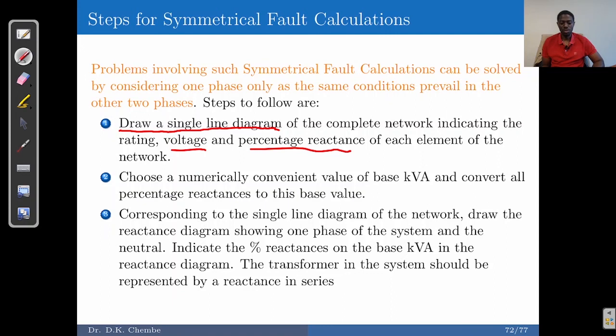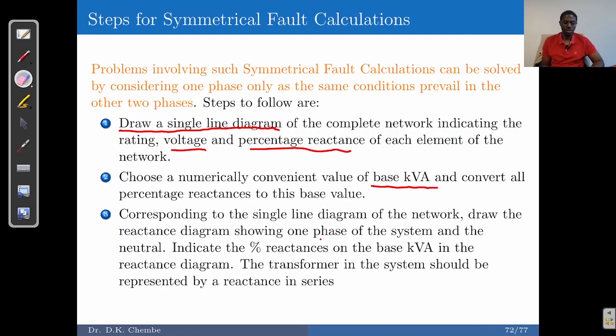And also you have to select a numerically convenient base KVA, and then convert all the percentage reactances to this base KVA. Corresponding to the single line diagram of the network, you have to draw a reactance diagram showing one phase of the system and the neutral, and indicate the percentage reactances on the base KVA in the diagram.